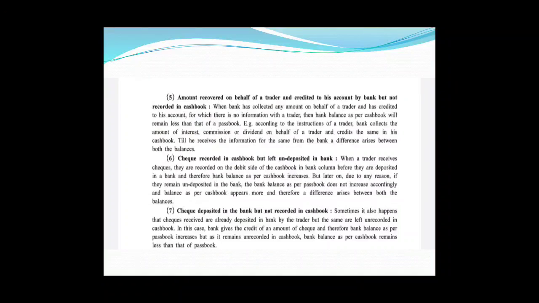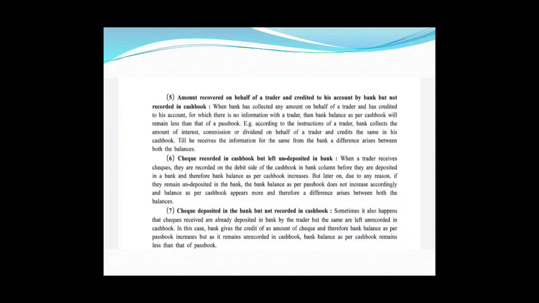For example, according to the instruction of a trader, the bank collects the amount of interest, commission or dividend on behalf of a trader and credits the same in his account, till he receives the information for the same from the bank. A difference arises between both the balances.